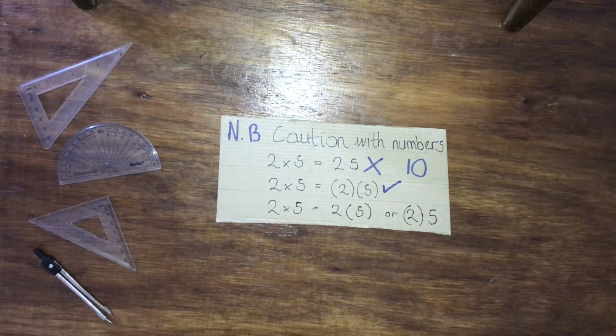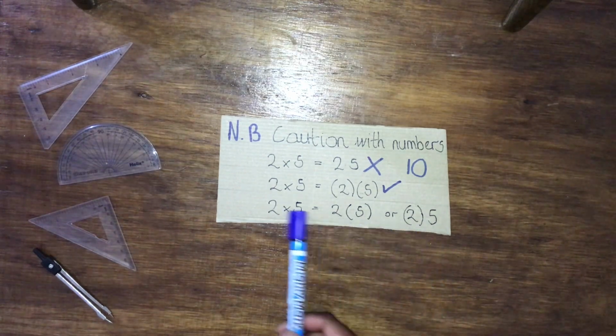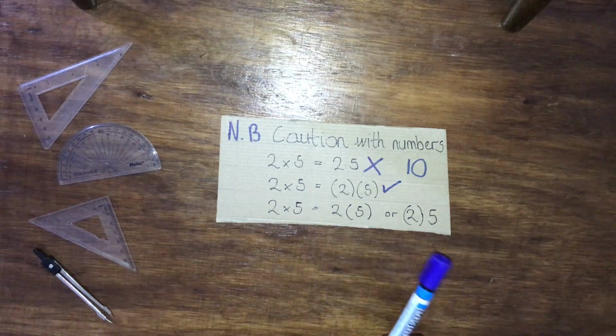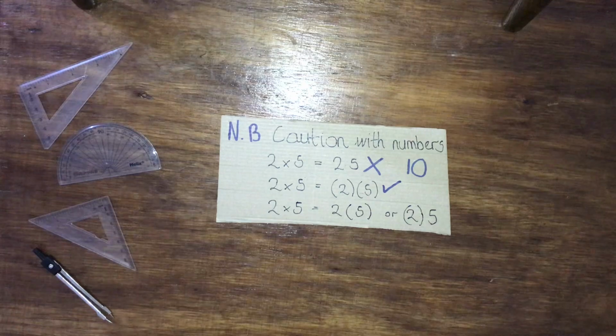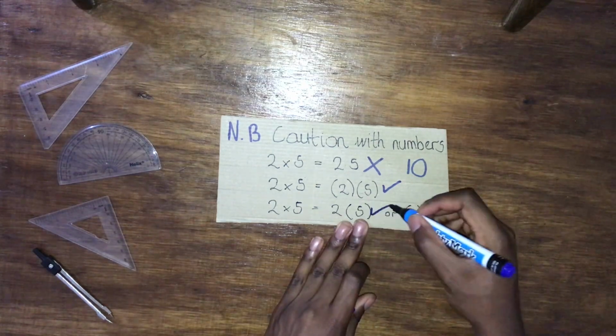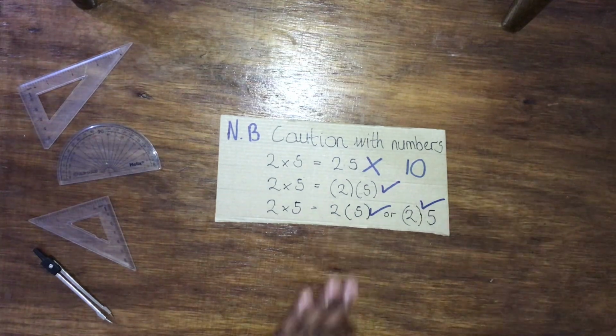Now, we can see that these are exactly the same thing, and it does exactly what this line does. Its intention is to multiply the 2 and the 5, both giving us an answer of 10, both being very correct.